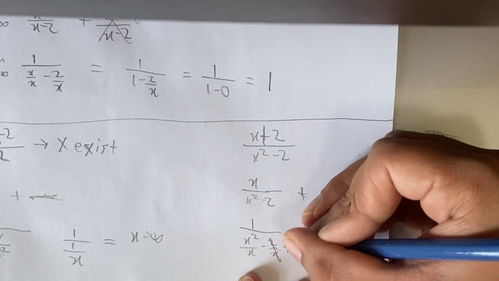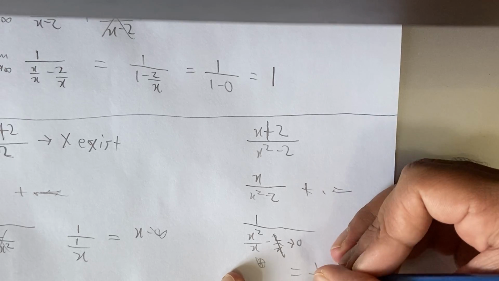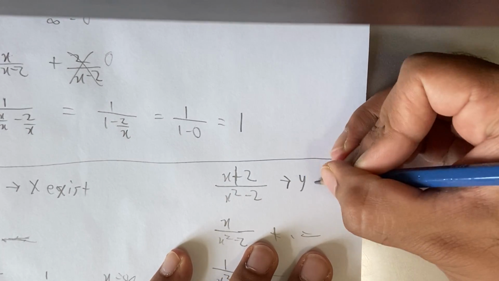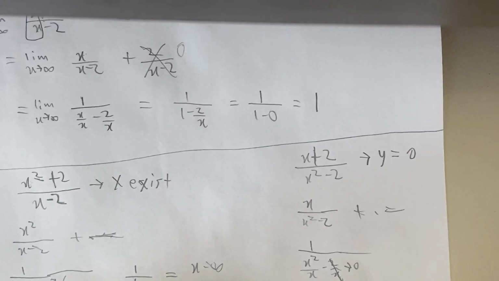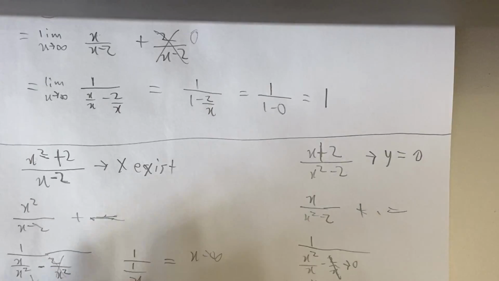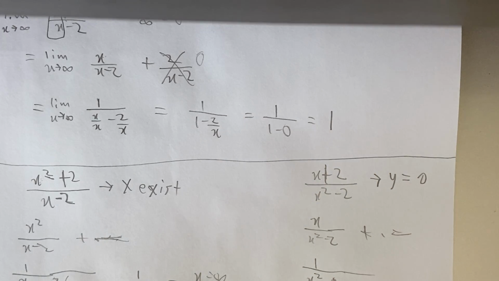This becomes 0, so the asymptote will always be y equal to 0. So these are the 3 types of horizontal limits that you will find, and you should really be careful because of these drastic changes.